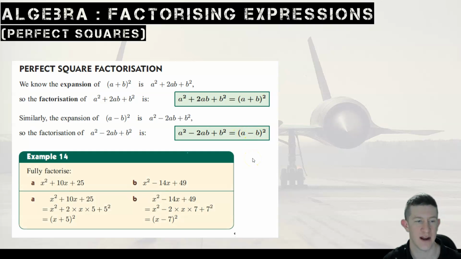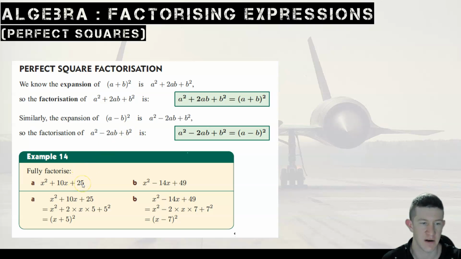So let's have a go at some practice. But before we do that, let's look at an example. Here we've got to fully factorize x squared plus 10x plus 25. We need to ask, what is the first term in this case? It's x, the thing that's squared. So this is going to be x in brackets, and then we need to find, oh, hang on, there's nothing squared here. Before, I had a b squared.